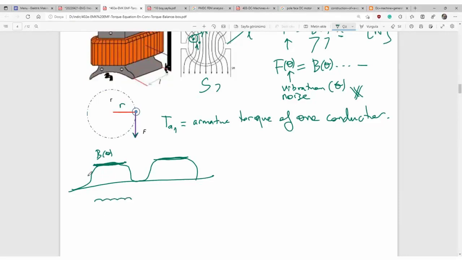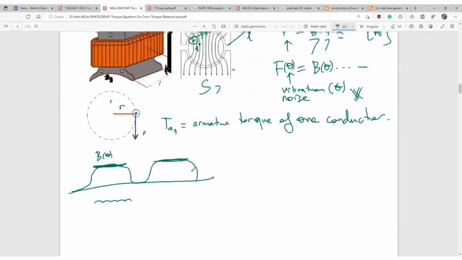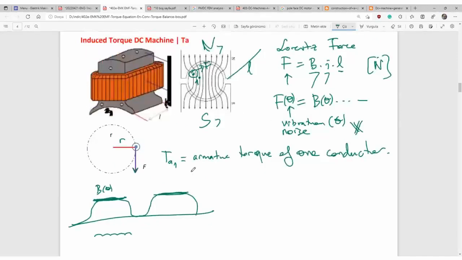Yes, we already designed electrical machines in such a manner. So let's think about the final result. In torque expression, again, we always use average torque.